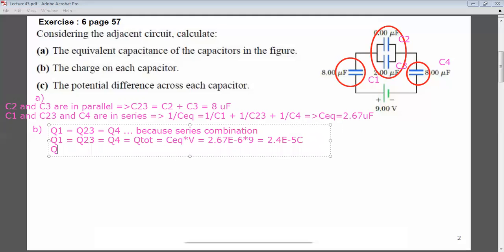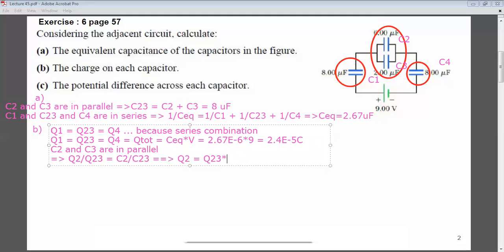Then I have to get Q23, so C2 and C3 are in parallel, which implies Q2 over Q3 over Q23. You have to remember this formula when we have a parallel. So we have this equation. Q2 is equal to Q23 times C2 divided by C23.